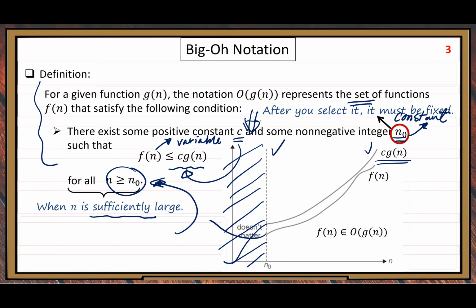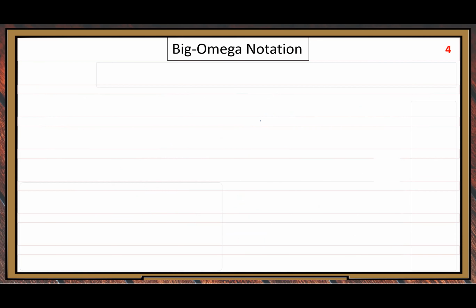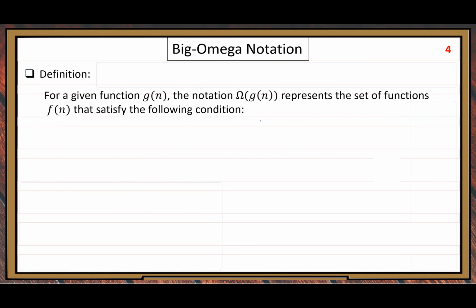All right. Let's look at another asymptotic notation, big omega notation. After you understand big O notation, big omega notation is just the other side of the inequality. The previous one is upper bound, this one is lower bound. How about that? We change from upper bound to lower bound. Then we get this big omega notation.